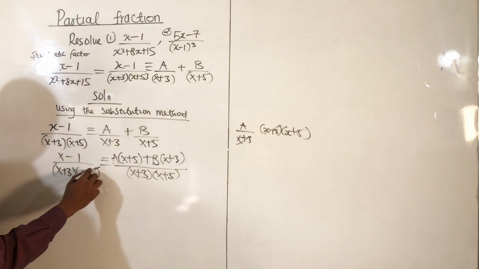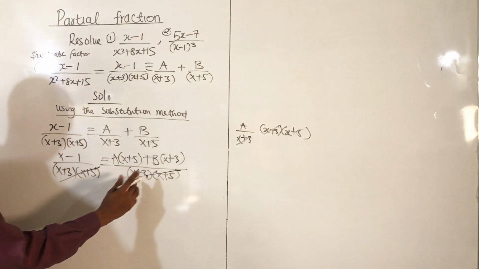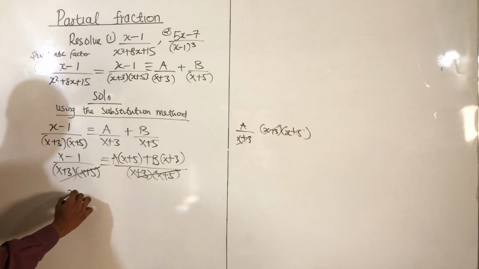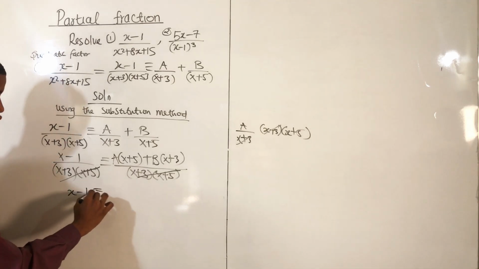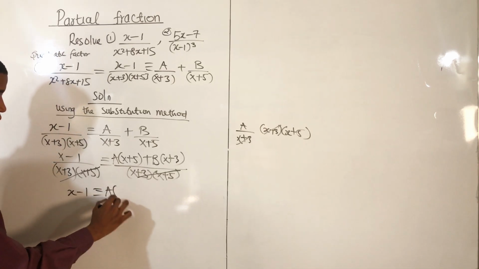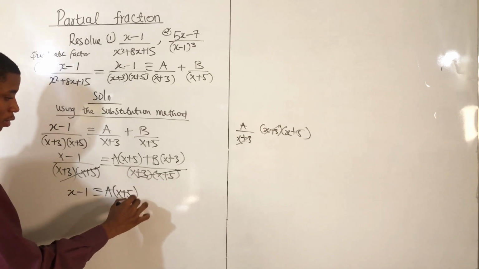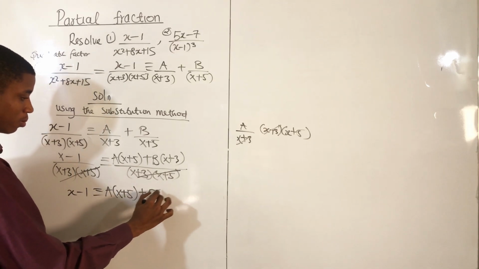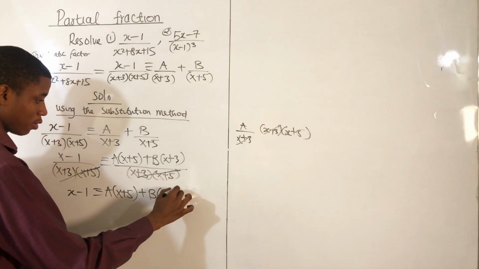Now the denominators cancel and you're left with x minus 1 assumed to be A(x plus 5) plus B(x plus 3).